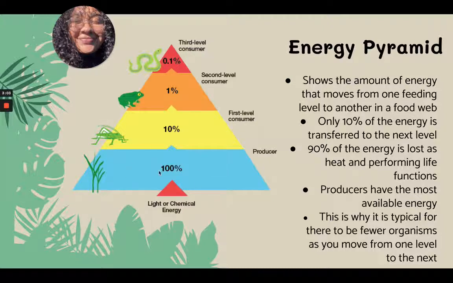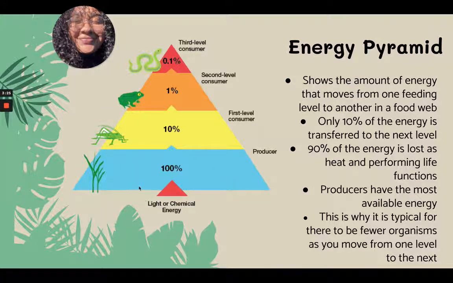So it goes from 100% to 10%, just jumping from one level. That's because 90% of the energy is lost either as heat or as performing life functions. So that's why you see fewer organisms as you move from one level to the next.